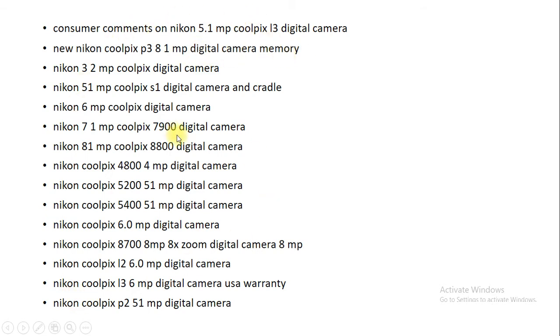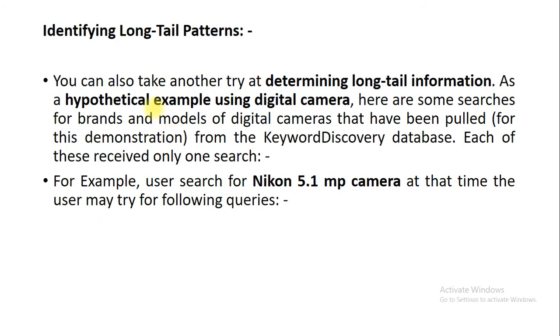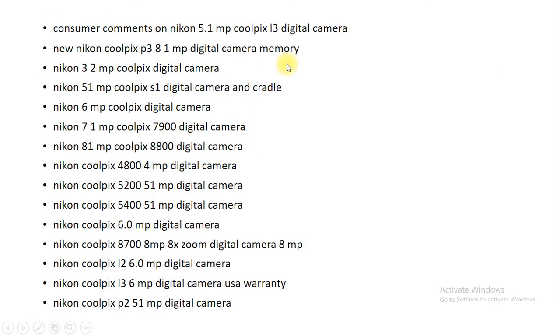These are all long tail patterns. We only have the keywords Nikon 5.1 megapixel camera, but we are going to identify different kinds of long tail patterns.